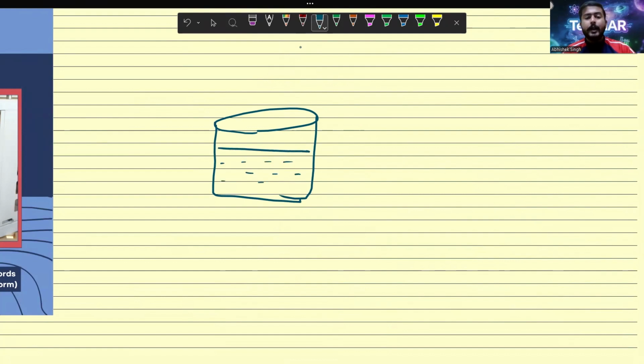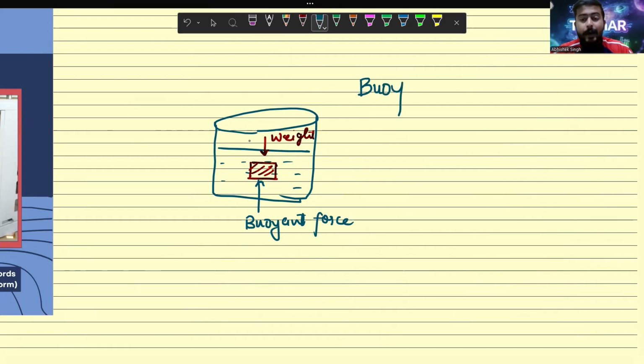And if we immerse a body in this fluid, then definitely the thing acting downwards is its weight, and the force acting upwards is the buoyant force. Now Archimedes told us how much force would act. How can we find this buoyant force?